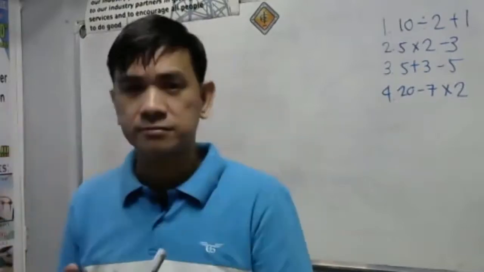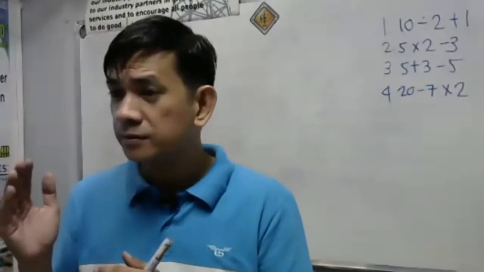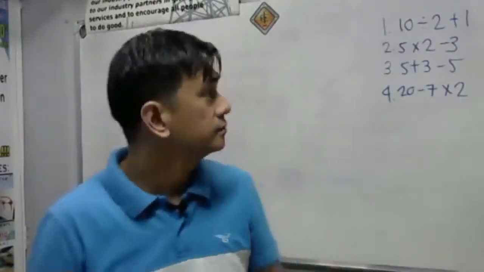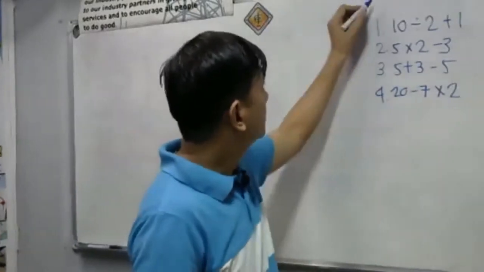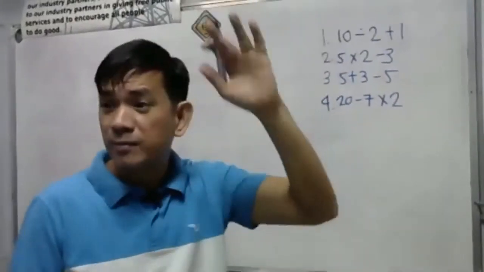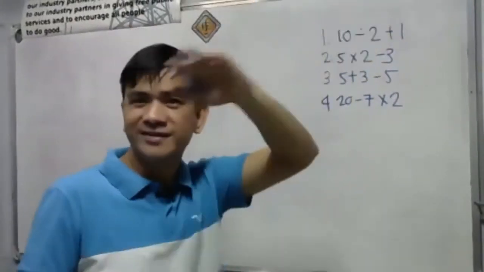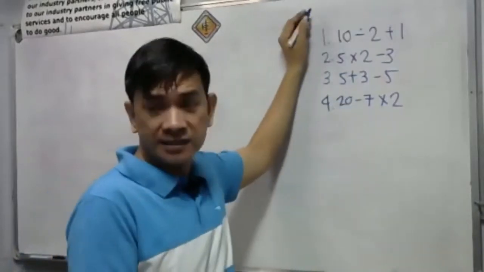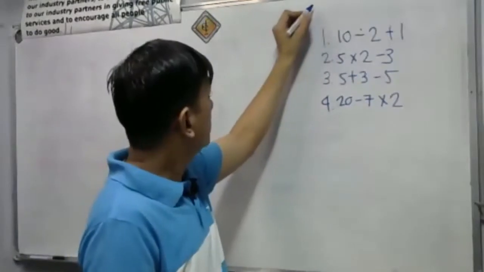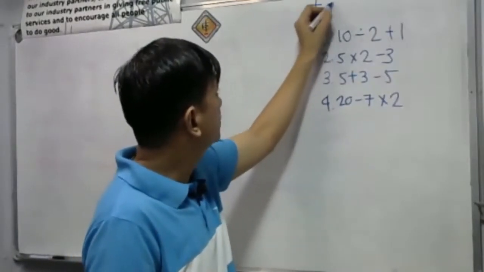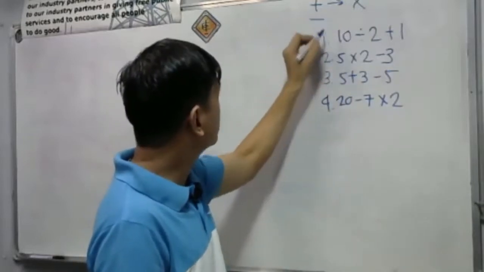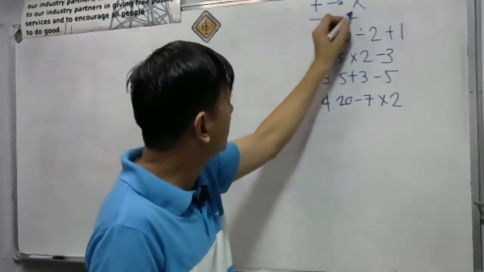No one passed. You know why? It says in the direction of that company exam, if I just summarize because it's too long, when you see addition, you consider that as multiplication. When you see subtraction, you consider that as a division.